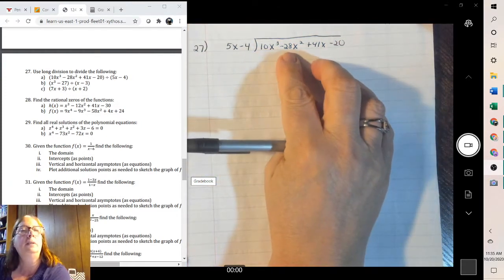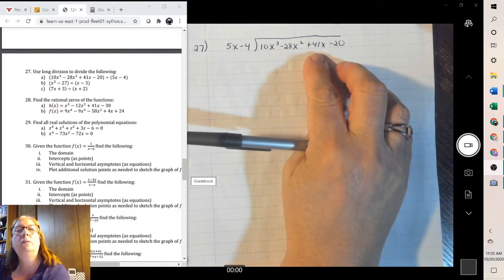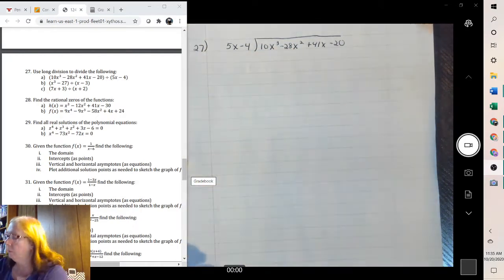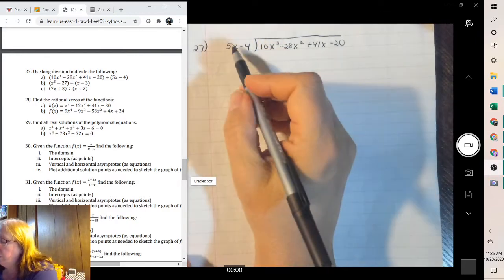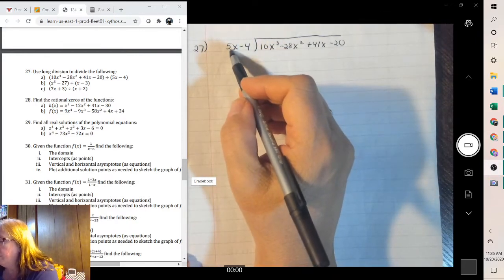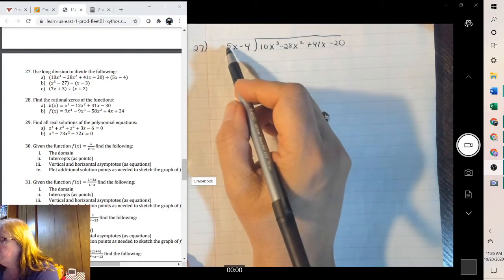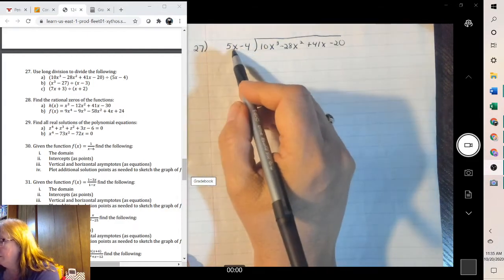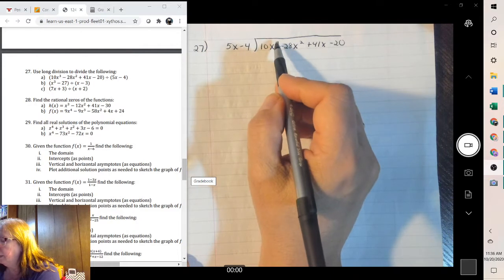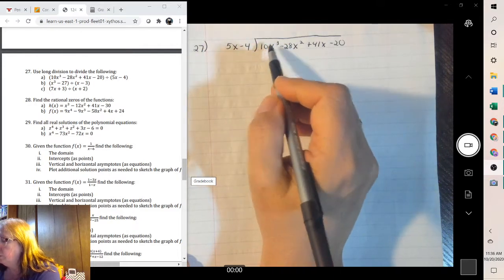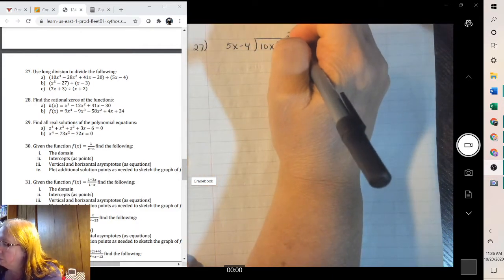We need to know, what are we going to multiply 5x by to get 10x cubed? Well, 5 times 2 will give me the 10, and I need 2 more x's to get x cubed. So it would be 2x squared.